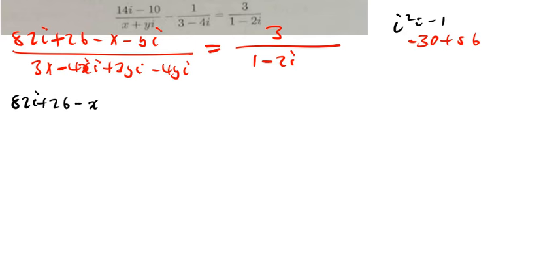Because of that i, negative and negative will cancel, so I have xi. Then again here it's going to be plus 2y i squared. Then if I cross multiply now, I'm doing 3 times everything. 3 times that is going to be 9x, 3 times that is 12xi, 3 times that 9yi, 3 times that minus 12yi.